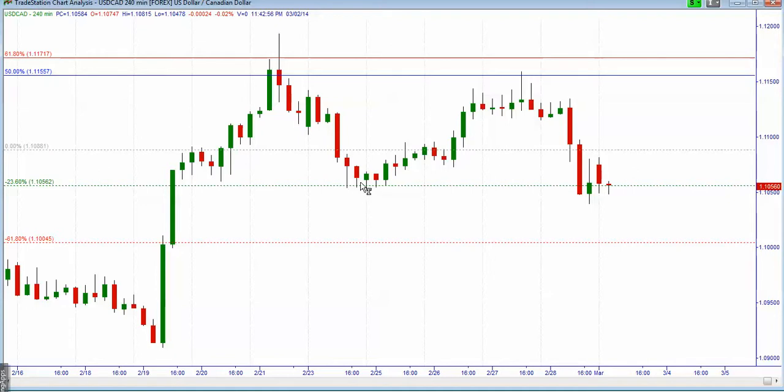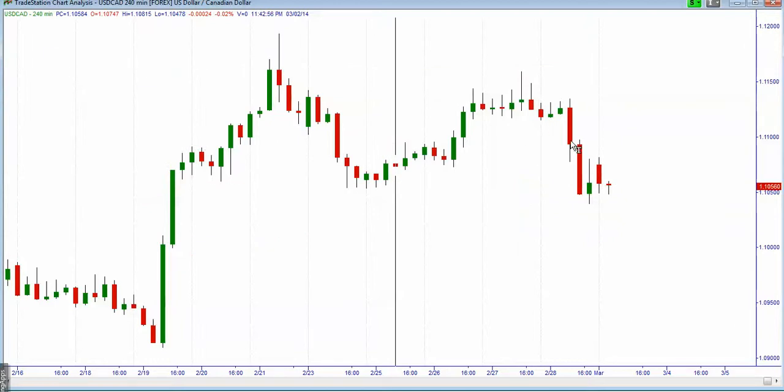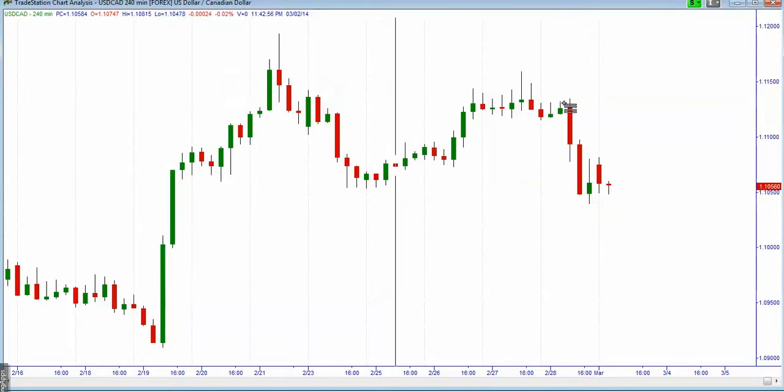Now, in the last move higher, starting the 23rd here, we could see a sequence of measured move that would have helped us time the last move lower we had, basically in the last 2 days in this market.